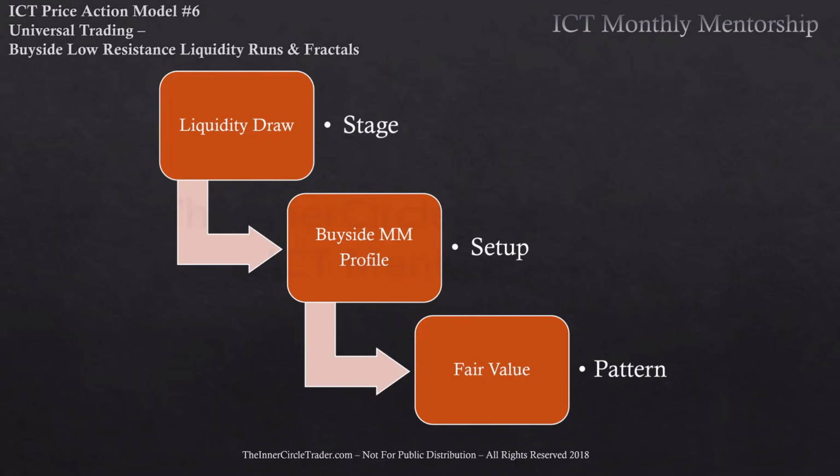Okay, so that's why I started with this one first before I did the sell side low resistance liquidity runs with fractals, because, like I said, it resonates with me. And if you see a lot of the examples I show, I'm doing that very thing. If you go back and look at the sample size of all the examples, like when I was doing forum work and sharing back in 2010, predominantly the majority of it was buying, because when I go into the marketplace, I'm looking for reasons for it to rally.